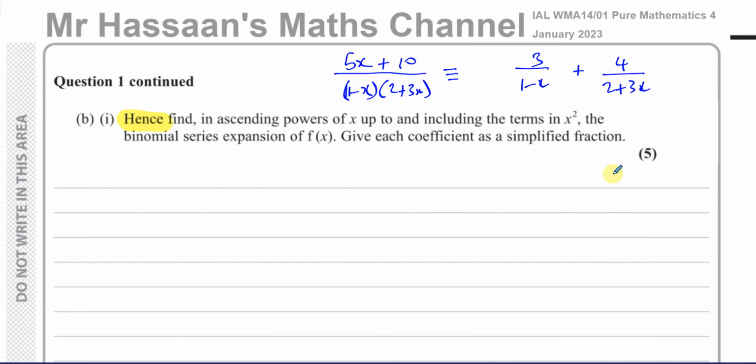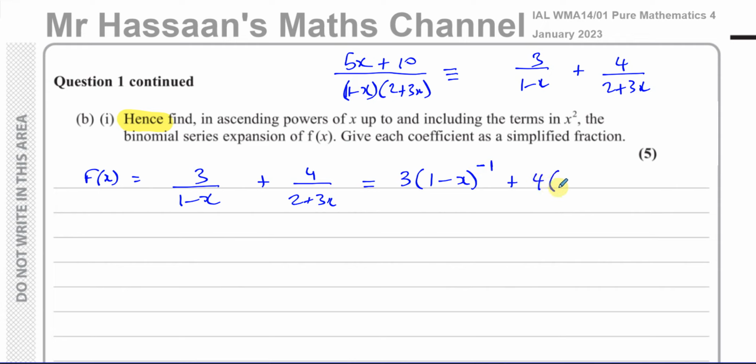So basically, we have to take our f of x, write it in its new form, which is 3 over 1 minus x, plus 4 over 2 plus 3x, and rewrite it in a way that's going to make it easy for us to use binomial expansion. So we've got to write it with the denominators in the numerator with a negative power.